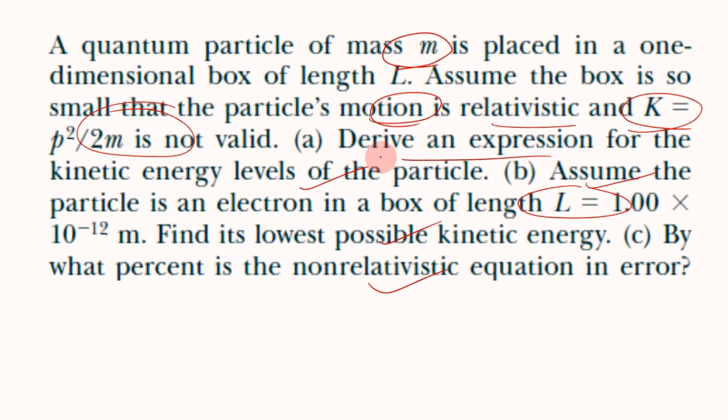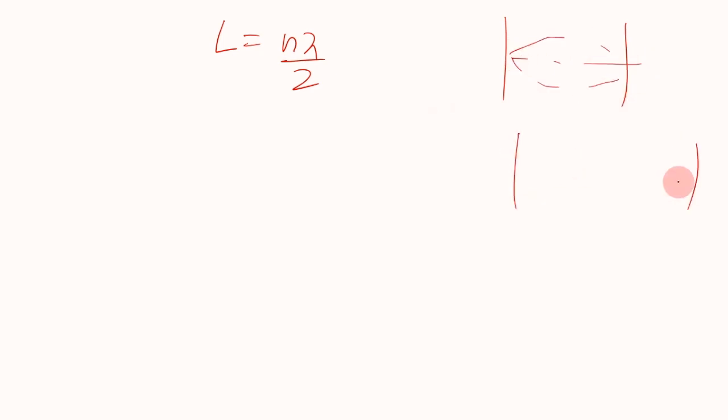So simply, first of all, it's a one-dimensional box, so you can write L is equal to n lambda by 2. Because we know that for the first it is this, for the second it is this. Wave functions are like that.